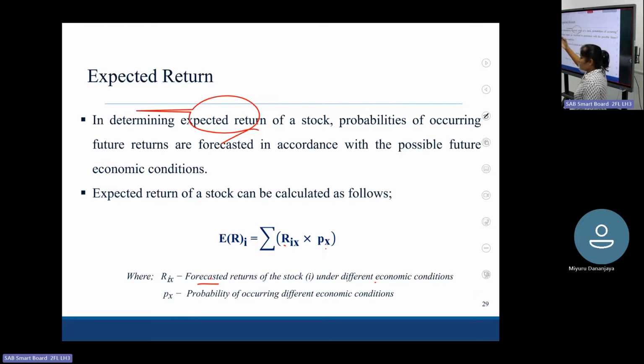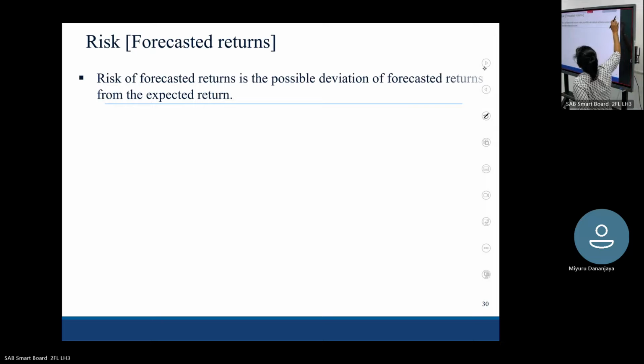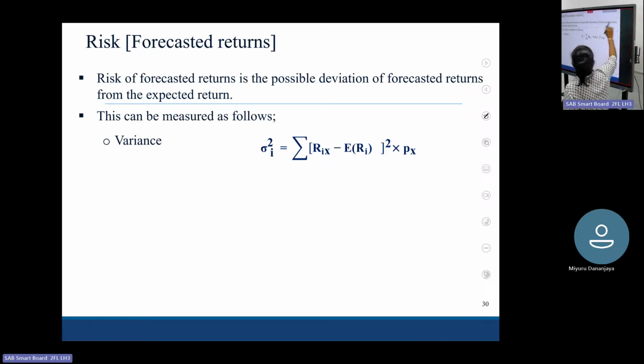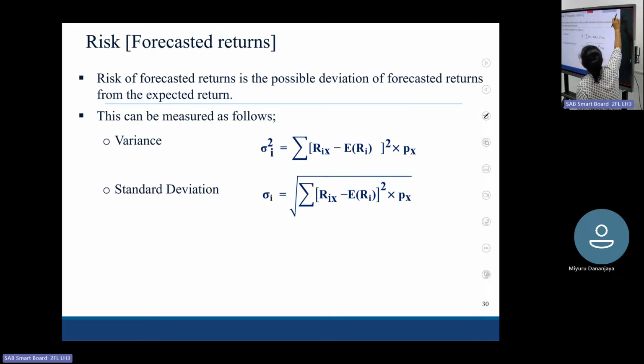Likewise, if you have three possible economic conditions, you have to consider all three. That way you can calculate. Before going to the list, I will go to the example.